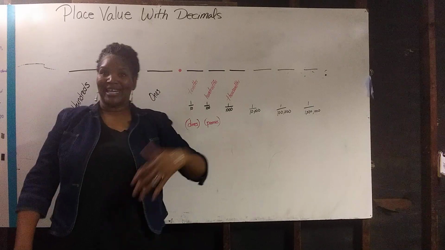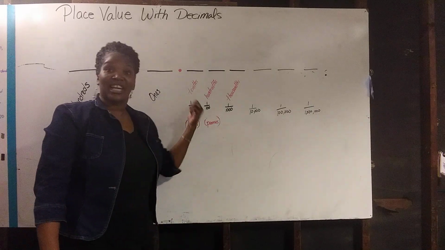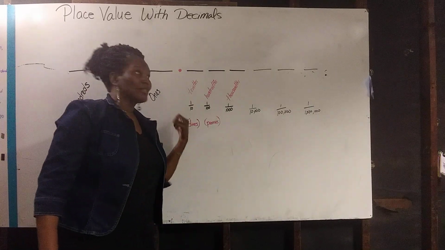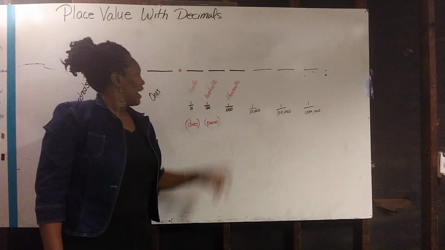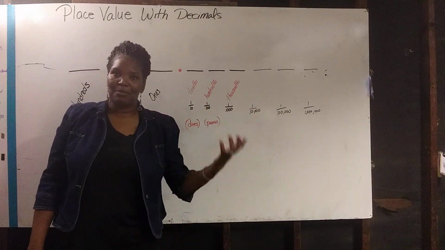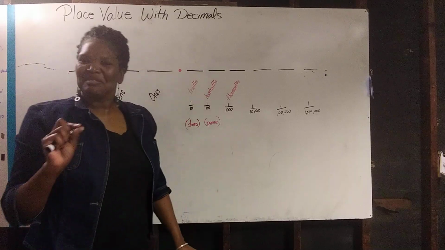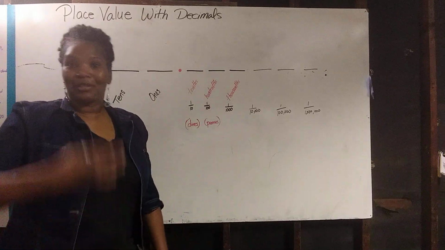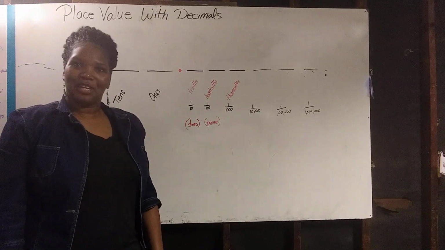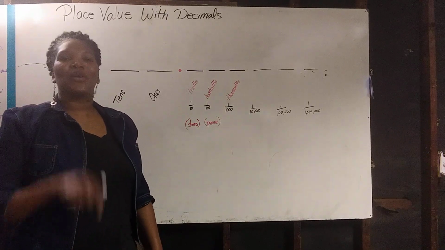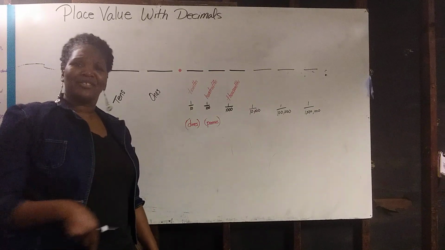When you are counting money, think that the tenths represent the dimes and the hundredths represent the pennies. That just made you a little bit smarter than the other kids in your classroom. If you can remember that, and I know you will, tell some of them.